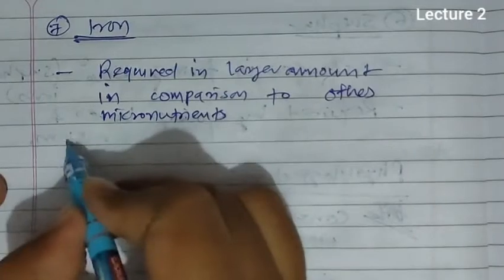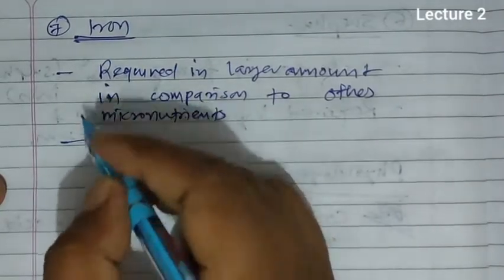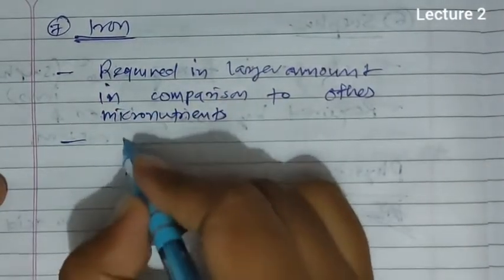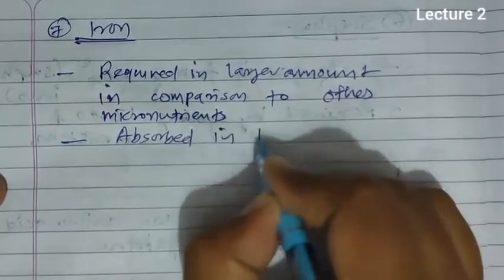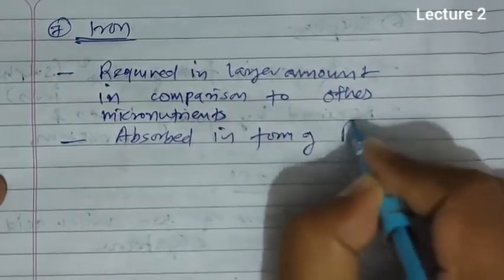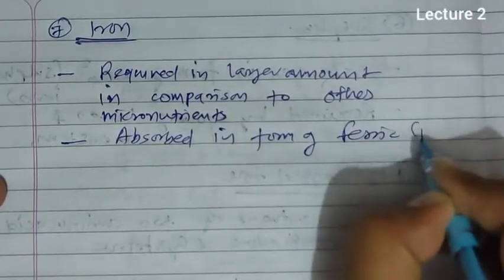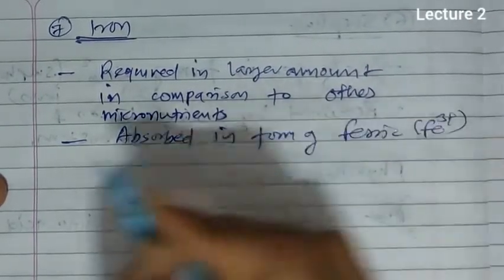When we talk about its absorption, it is absorbed in the form of ferric Fe3+ ion.